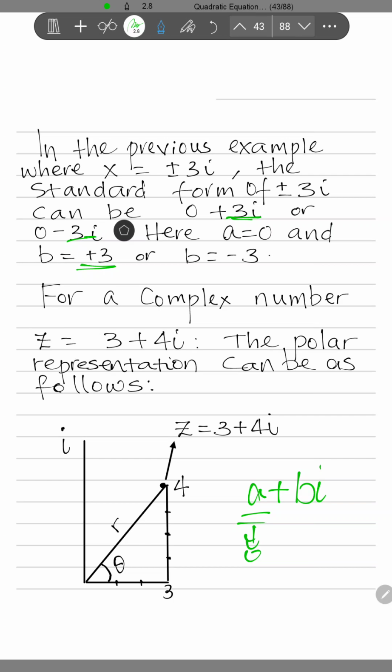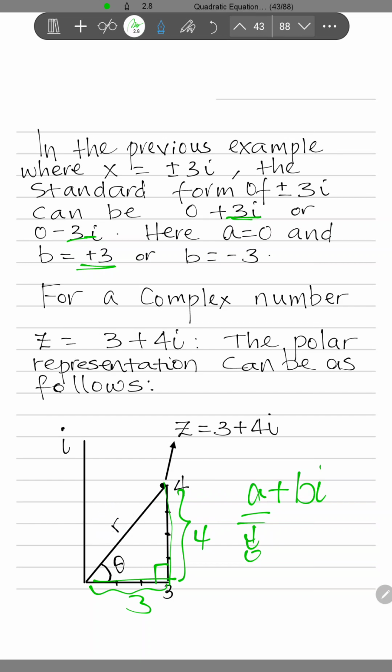For a complex number z, which is 3 plus 4i, the polar representation can be as follows. This side magnitude is 3, this side magnitude is 4, this is at 90 degrees. The x-axis is 3, the y-axis is 4.